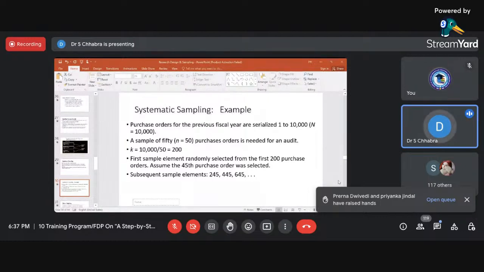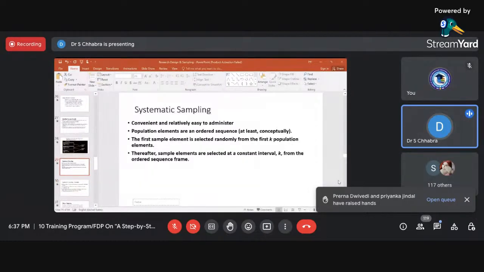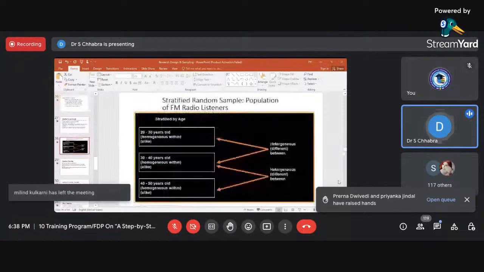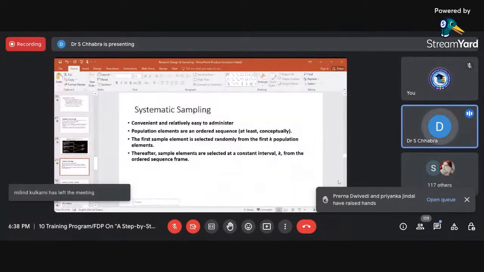The point I'm trying to make is that in systematic sampling, you follow an order. I hope you're getting my point. As compared to a simple random sample, in systematic sampling you try to follow an order: you pick a single starting point, and thereafter you go on repeating at a similar interval.